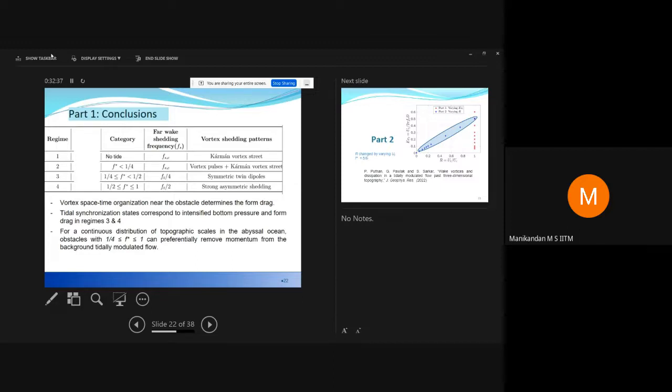Since the question has arisen, might as well talk about it. You could think about a dynamical length scale, which is U over N, a stratification-based length scale.